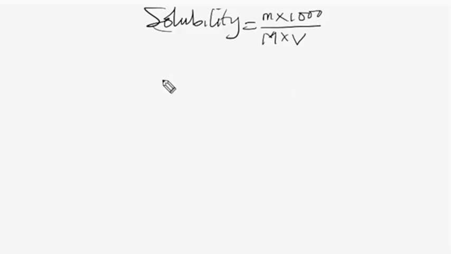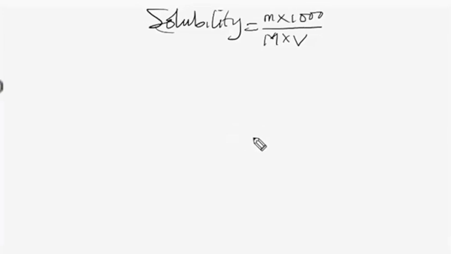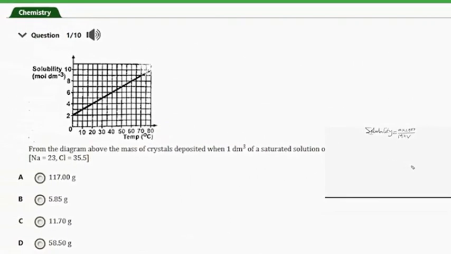Since the solubility can be obtained from this graph, and the question says the saturated solution of sodium chloride is cooled from 80 degrees Celsius to 60 degrees Celsius, if we trace 80 degrees Celsius, that will be at point 10, and when we trace 60 degrees Celsius, that will be at point 8 on the solubility curve.